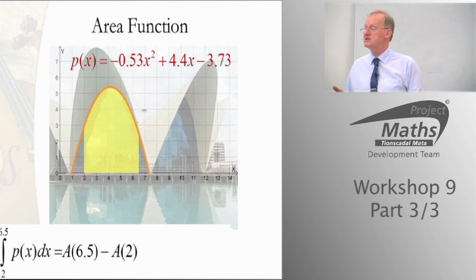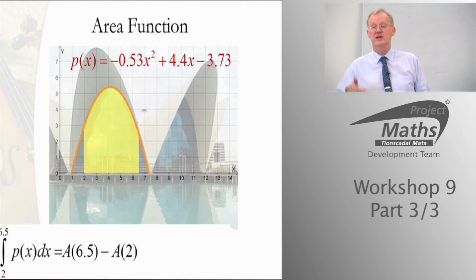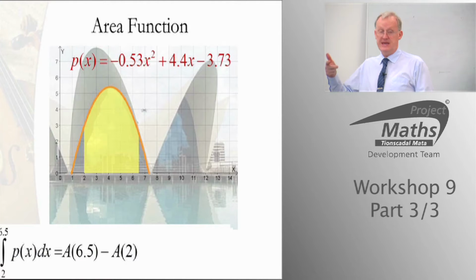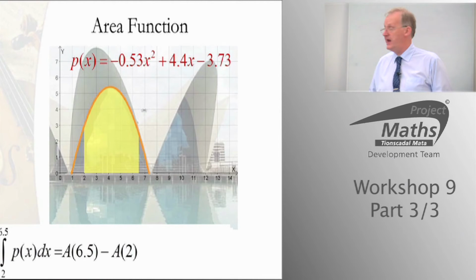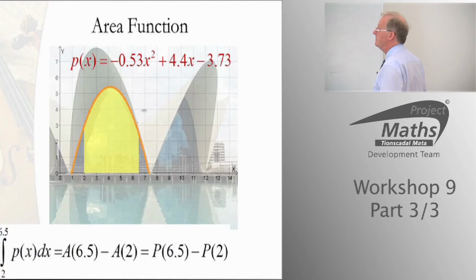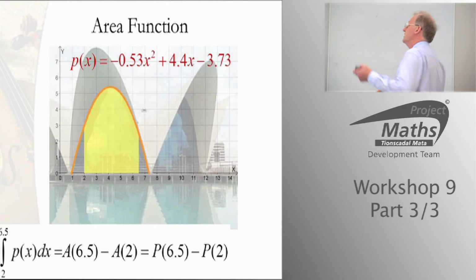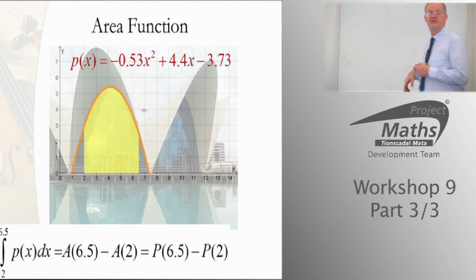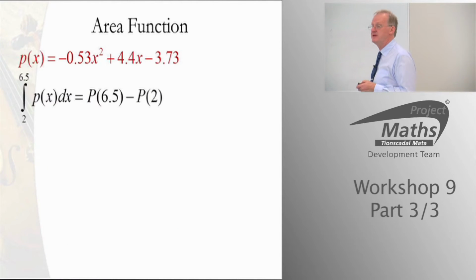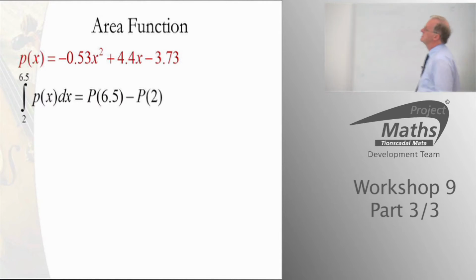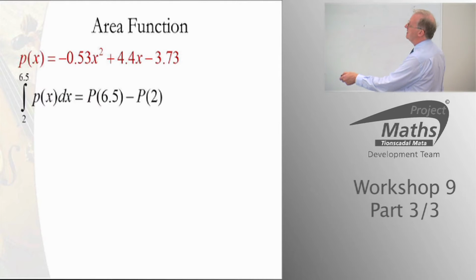The light bulb moment. The area function is really the antiderivative. And how do we write down the antiderivative of little p of x? So it will be capital P of 6.5 minus capital P of 2. So if there's my function p of x, what's the area underneath that function between 2 and 6.5?